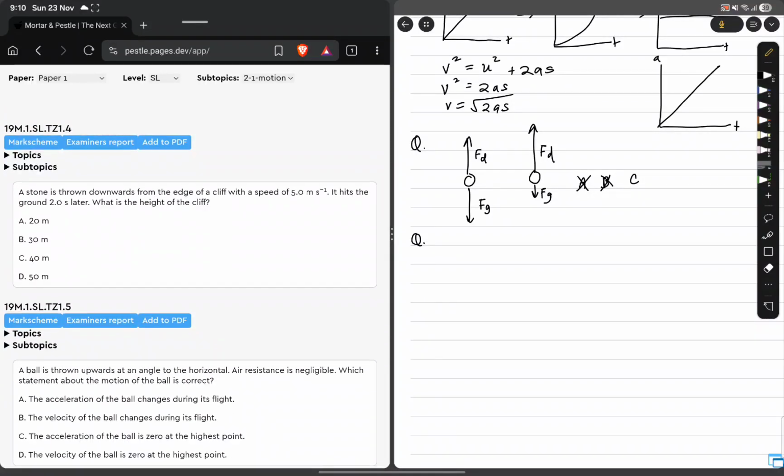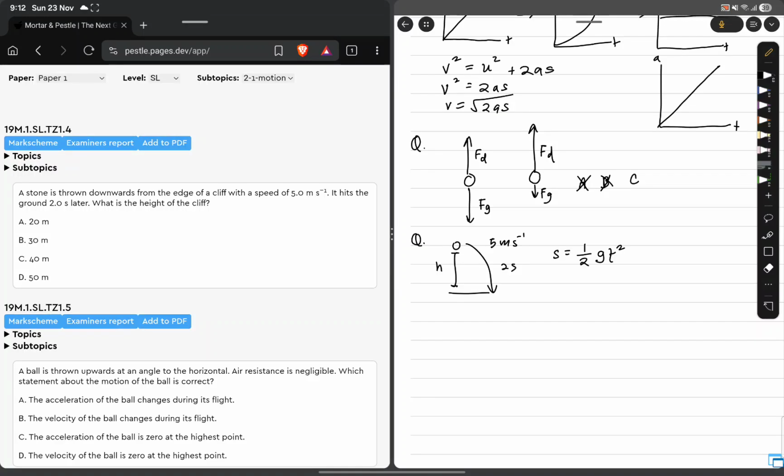Okay, so a stone is thrown downward from the edge of a cliff. With a speed of 5 meters per second, it hits the ground 2 seconds later. What is the height of the cliff? What we're going to do here is the free fall formula. Oh wait, except it's not that, because it has an initial velocity, so we're going to use the SUVAT equation of s equals ut plus half at squared, and a is just gravity.